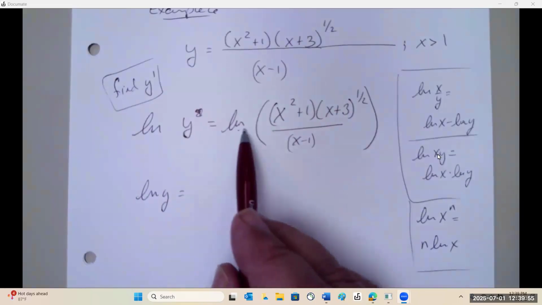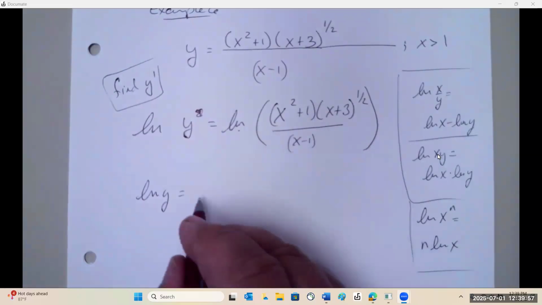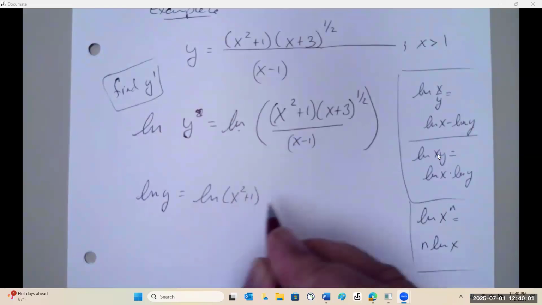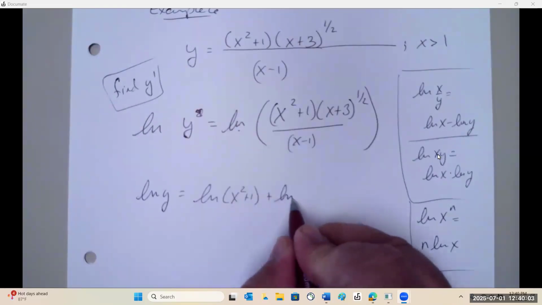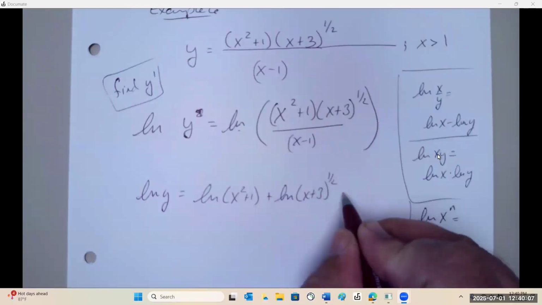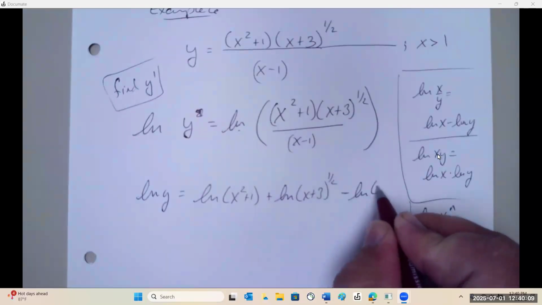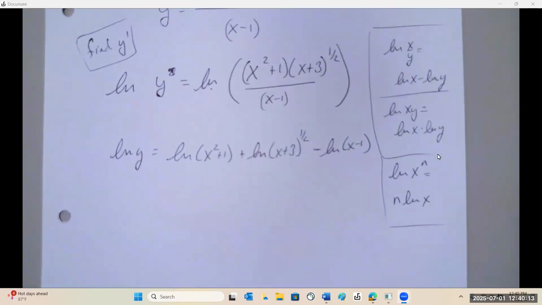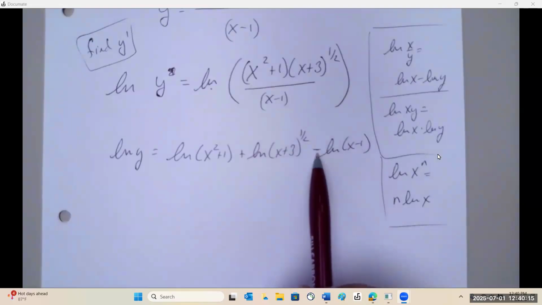So we can now split up all these. So we have ln of x squared plus 1, plus ln of x plus 3 to the power 1/2, minus ln of x minus 1. Basically, if it's on the bottom, it has a negative in front of it.